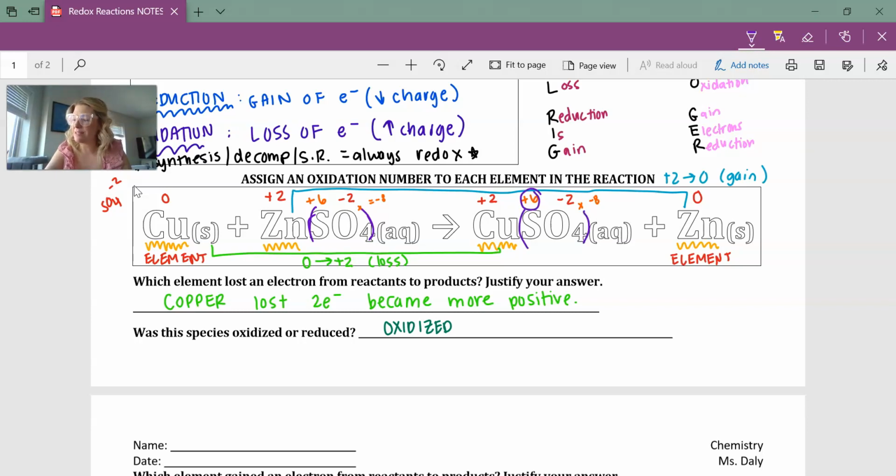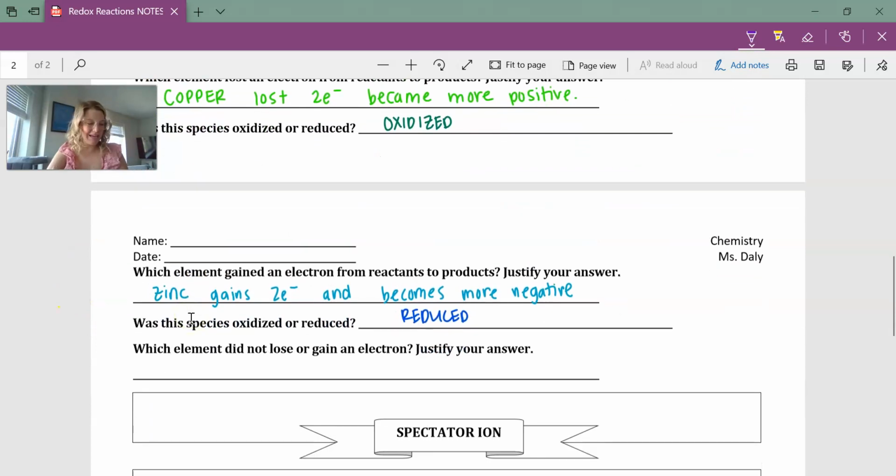It stays a +6 and a +6 and a -2 and a -2. And anytime we have something that doesn't gain or lose, we call that a spectator ion. So we'll say our SO4 2- or sulfur and oxygen, their charges didn't change.